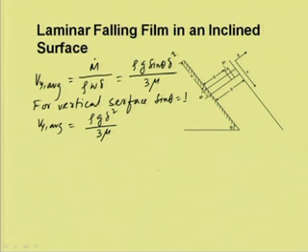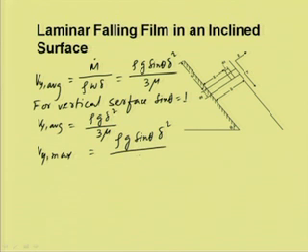The maximum velocity will be at the surface, that is V y max, which we can obtain from the earlier equations as rho g sin theta delta square by twice mu, and which is equal to 3 by 2 V y average. The concentration profile can be obtained using the continuity equation.